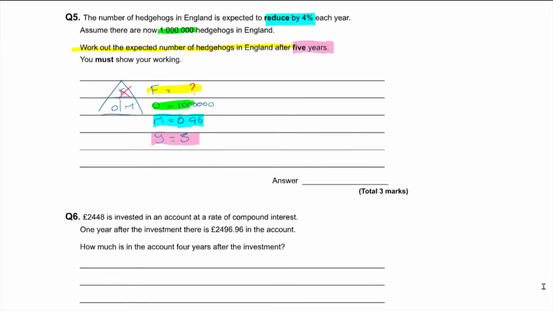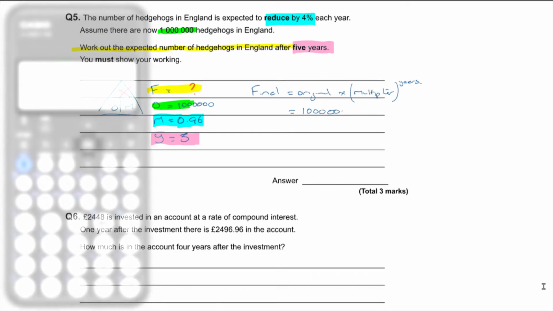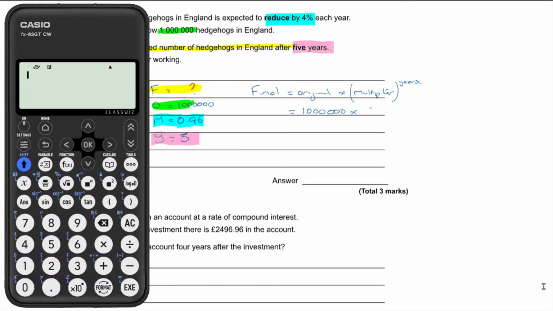Final equals original times multiplier raised to the number of years. So that's 1 million times 0.96 raised to the power of 5.